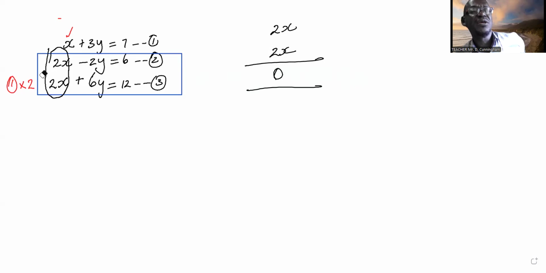Subtract, yeah, it's that simple. So if we're going to subtract, what am I going to do with equation 2 and 3? I'm going to subtract equation 2 minus 3. So I'm just going to put a minus here.